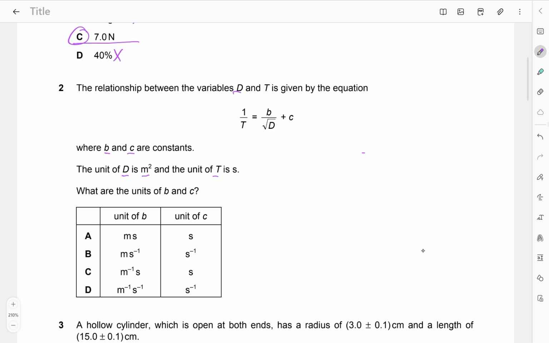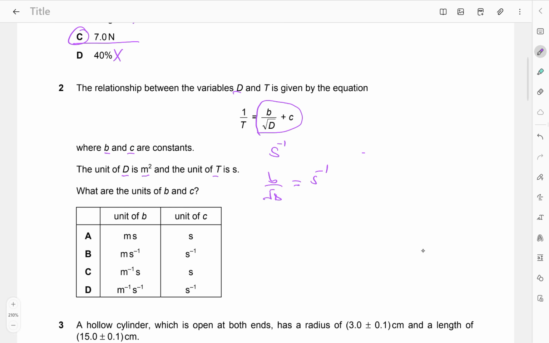The units on the left hand side are going to be s power negative 1. These should be the same units on the right hand side. And remember, we are adding quantities. We only add quantities with the same units. Therefore, b over root of d should also have units as per second.